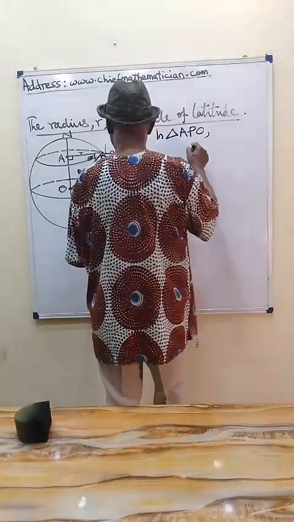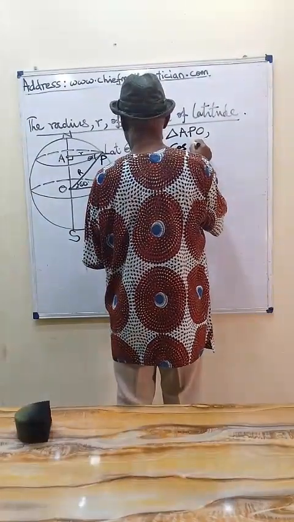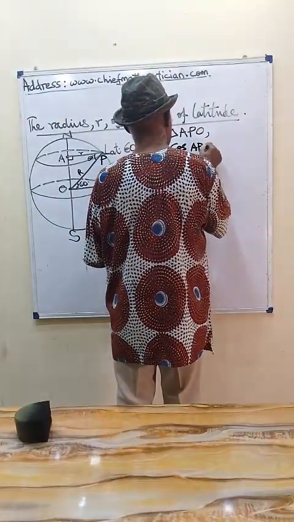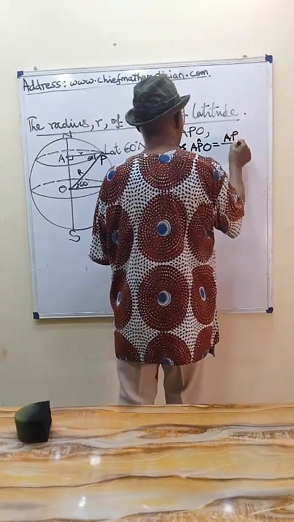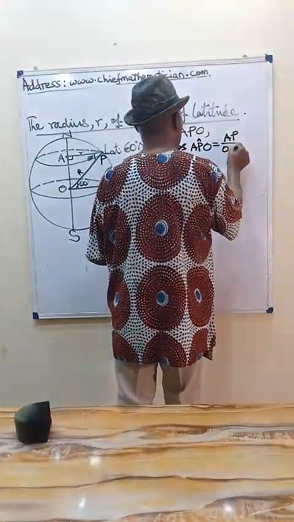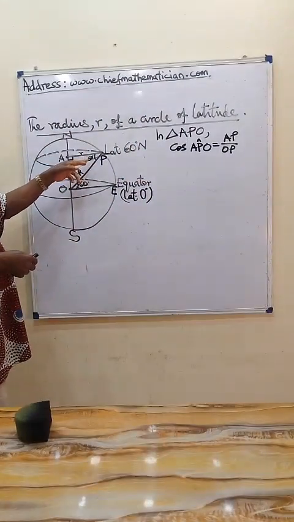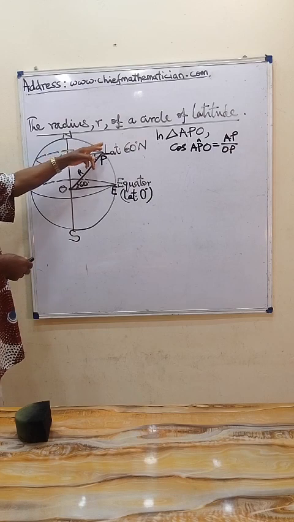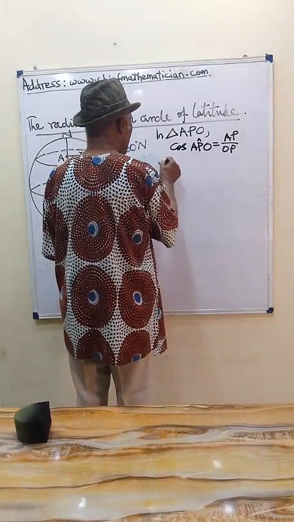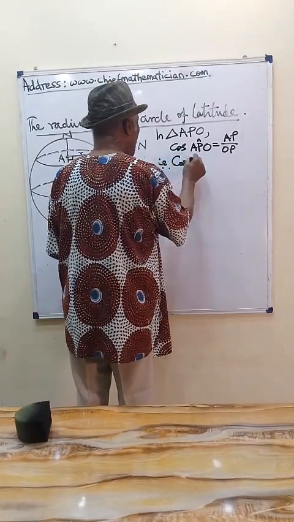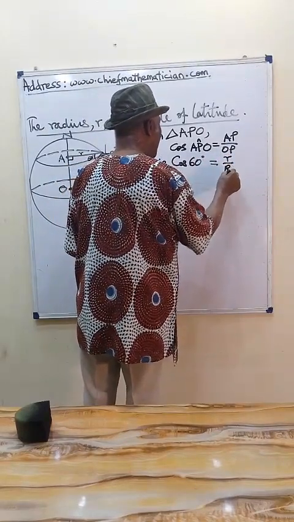That is, cos APO is equal to AP over OP. The cosine of this angle is adjacent upon hypotenuse. That is, cos 60 degrees is equal to small r over capital R.